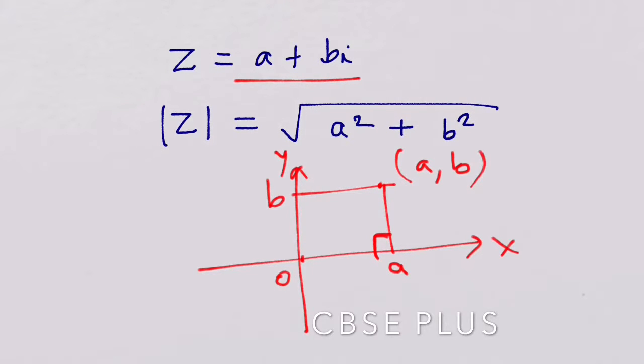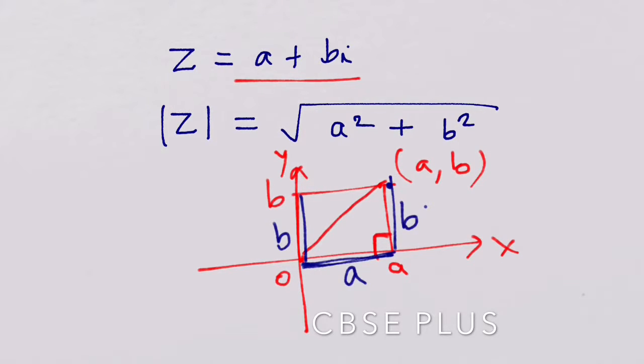Here what we see is that we form a rectangle with the length A and breadth B. These are the lengths. So our purpose is to find the diagonal, because the diagonal, the distance from the origin to the point representing the complex number, is actually the modulus. So this we have to find.